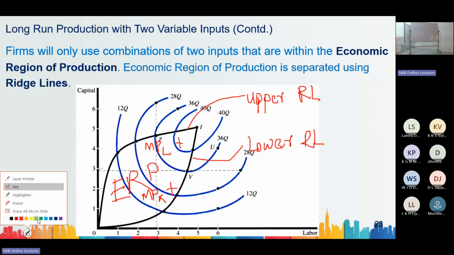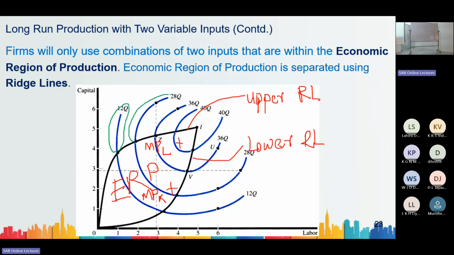And these portions are irrelevant for a rational producer. They are outside the economic region of production.